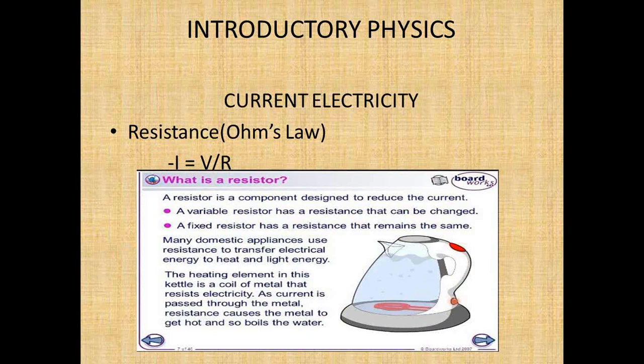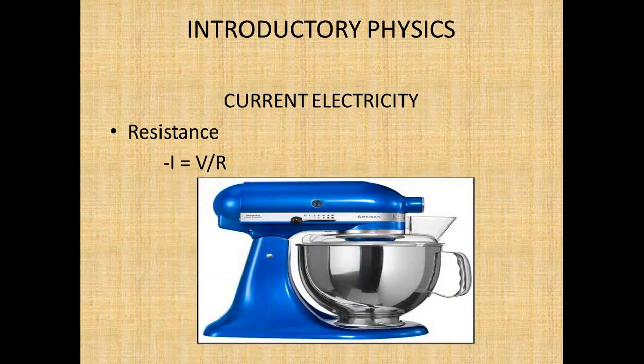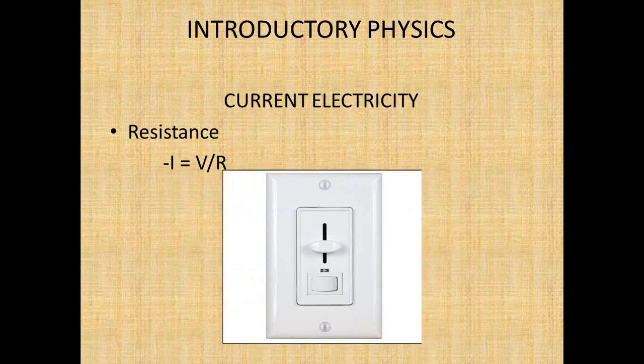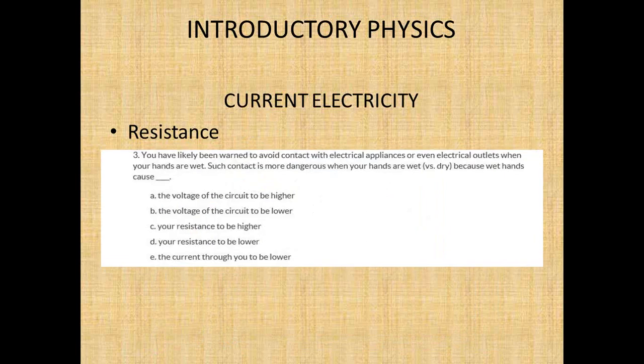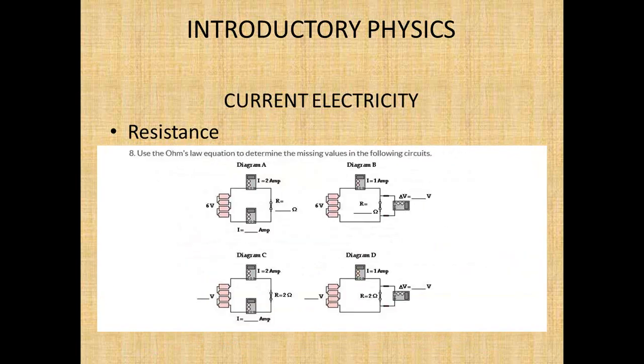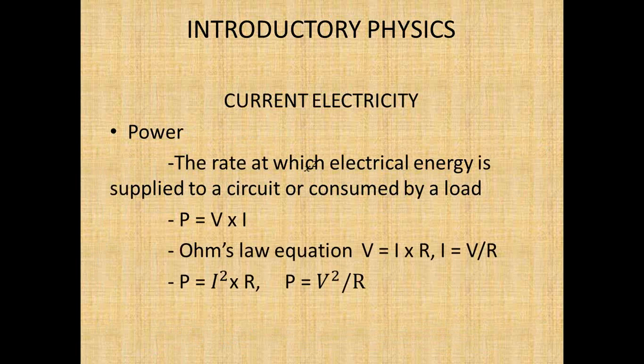These are practical things. If you vary the resistance, you can change the different functions of your home appliances. Okay, the dimmer, the mixer. All right, so we're going to stop here.